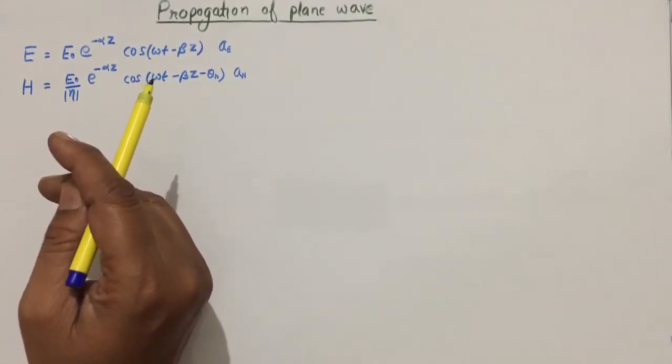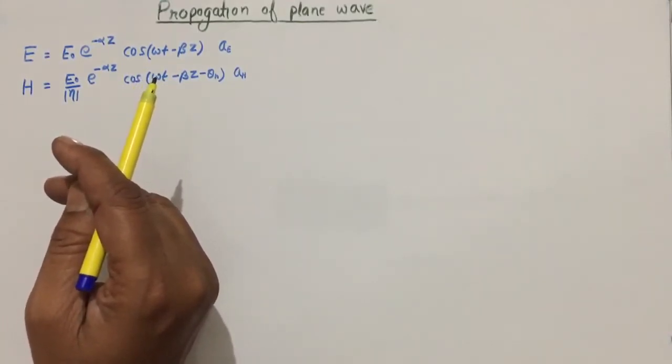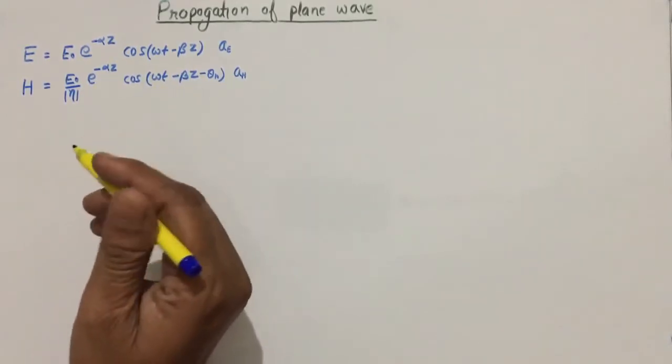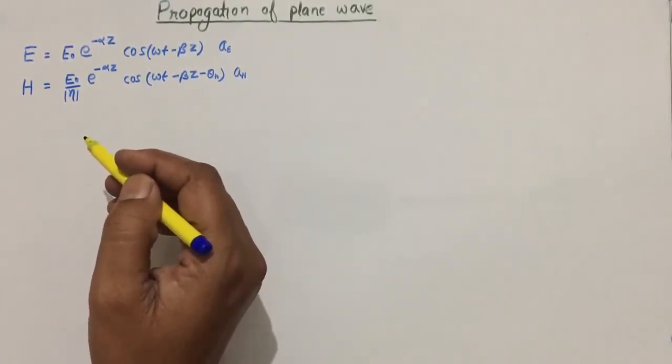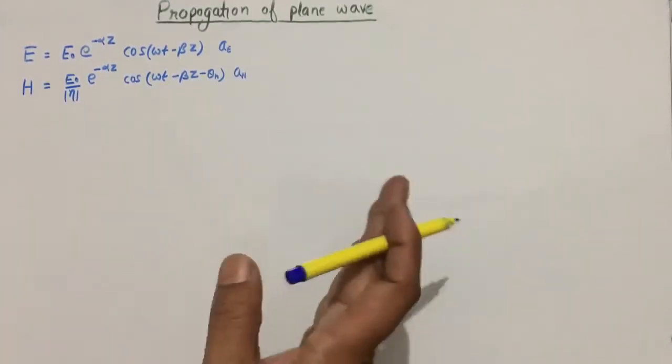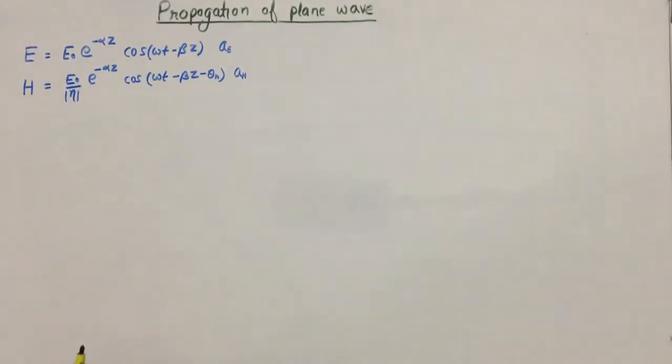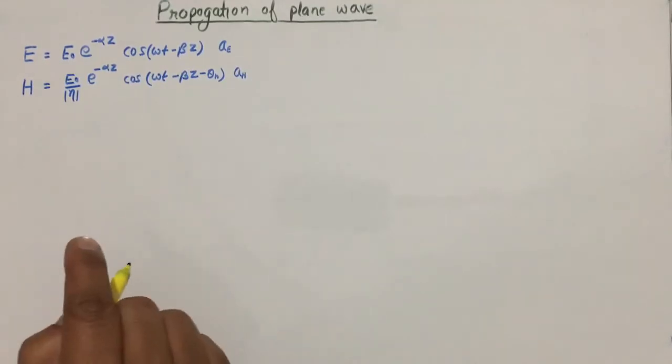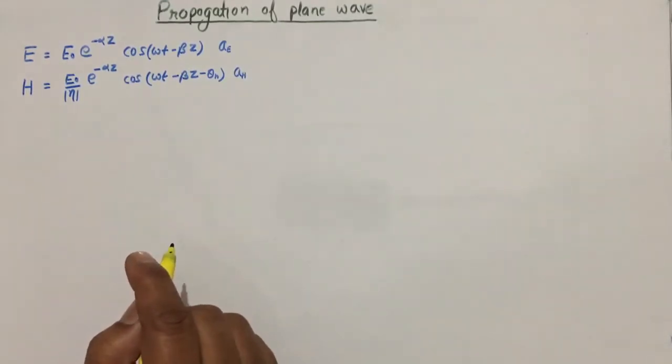So in this way they form an electromagnetic wave that has no electric or magnetic field components along the direction of the propagation, and that is the wave which is called transverse electromagnetic wave.